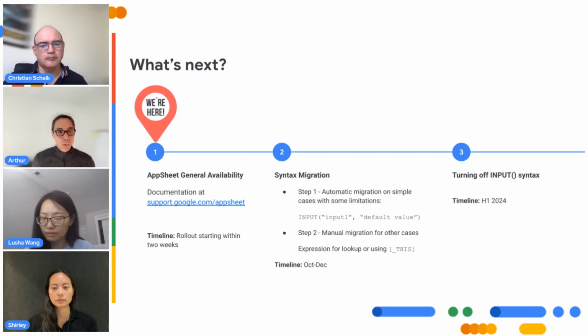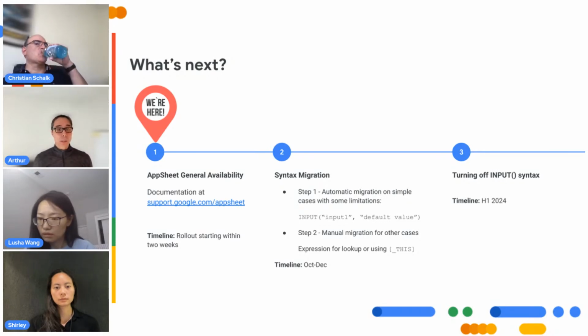Now, for those of you who are already using the input feature as it was defined during its beta release, we do plan on, for the time being, supporting both syntaxes. So in the same app, you could have some of the input functionality implemented with the previous syntax and the new one.